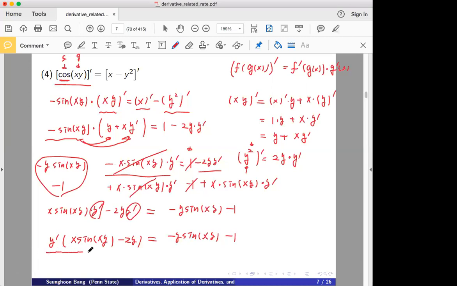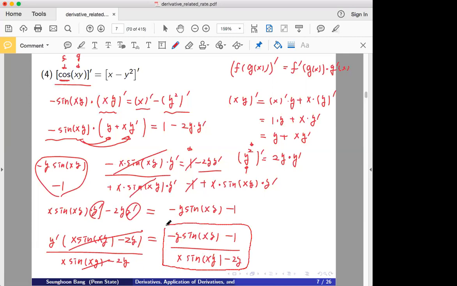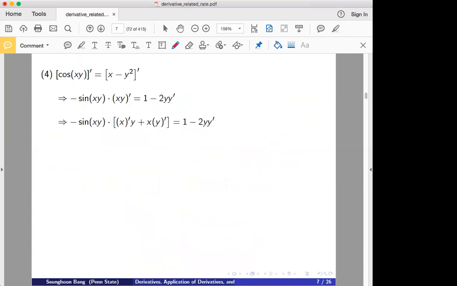Last step is divide both sides by the coefficient of y prime, x sine xy minus 2y. Crossed out. What happens? This one is exactly y prime. This is the whole idea for solving this problem like this.